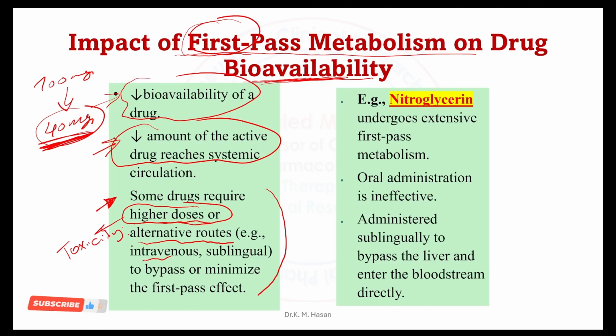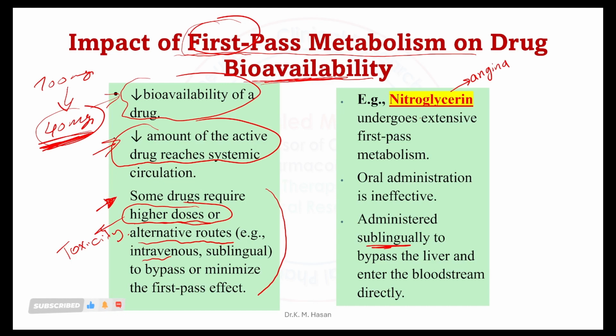Okay, a practical example for us is nitroglycerin. This medication is used for patients suffering from angina. Nitroglycerin, and normally we are familiar with that, is prescribed sublingually, under the tongue.